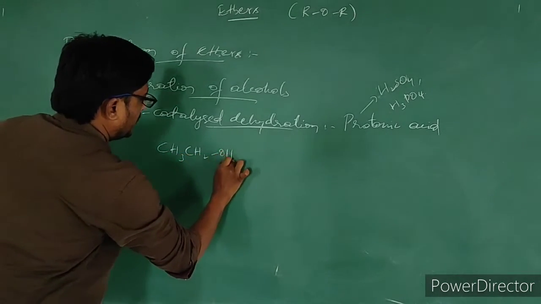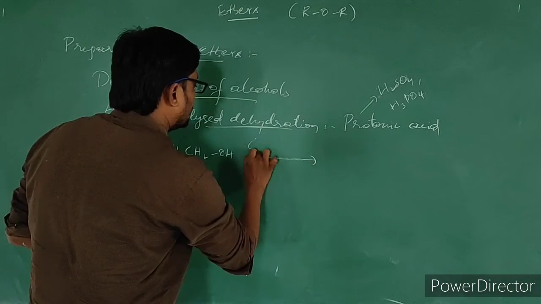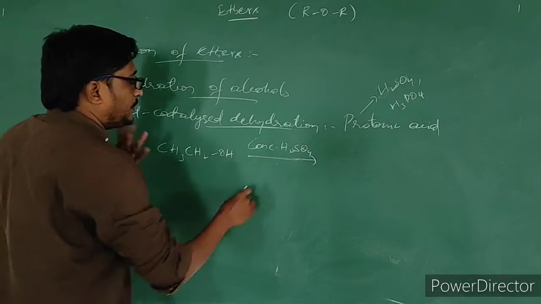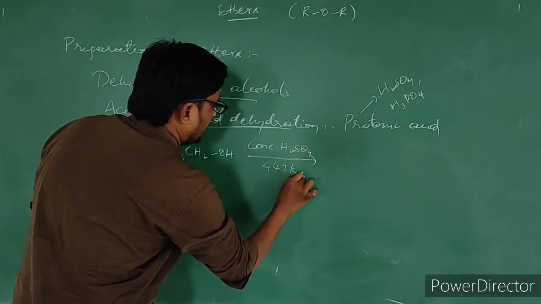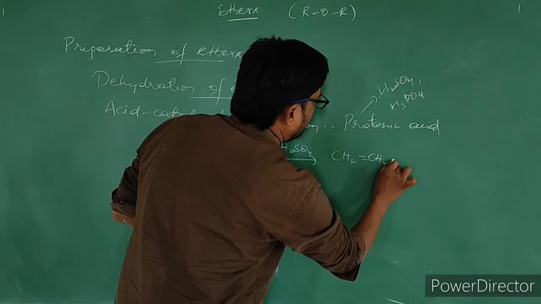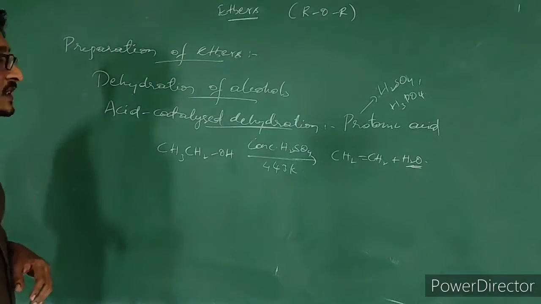CH3CH2OH, I am taking ethanol as the reactant. It reacts with concentrated sulfuric acid at a temperature of 443 Kelvin. This leads to the formation of alkene, and a water molecule gets removed.